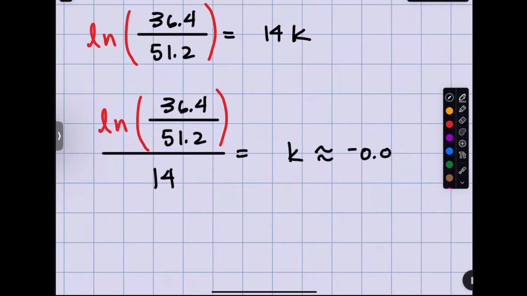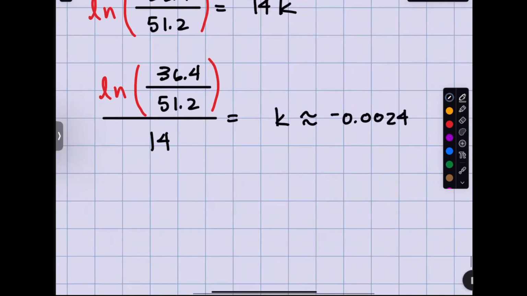Is it 0.0024 or 0.024? No, it's 0.024. Yeah. Does that make sense?